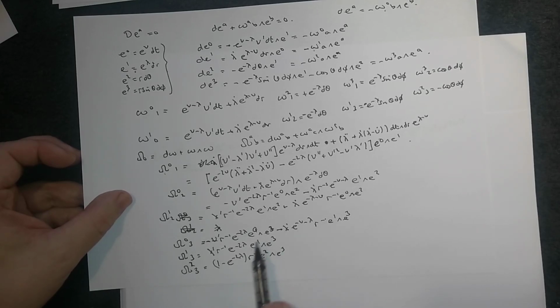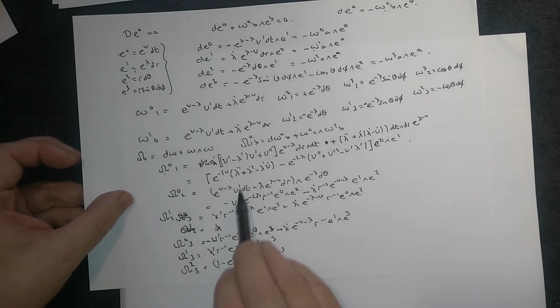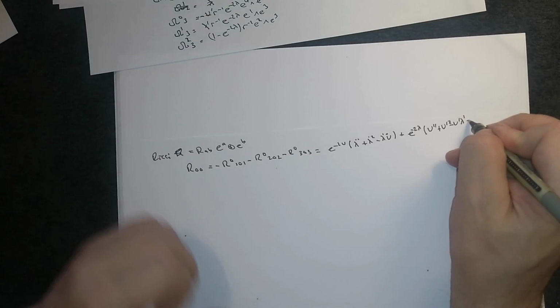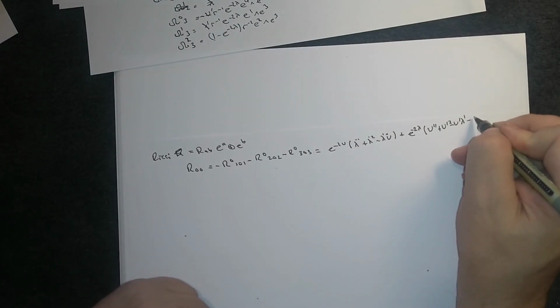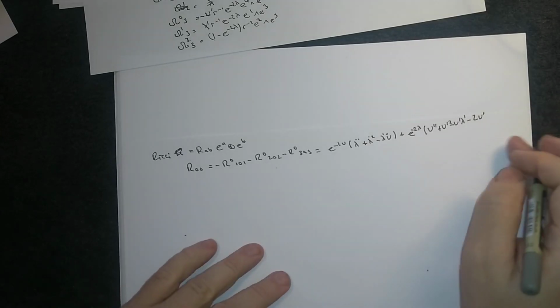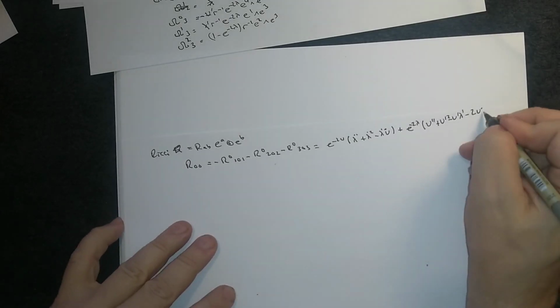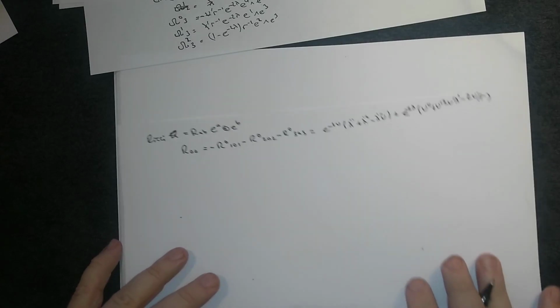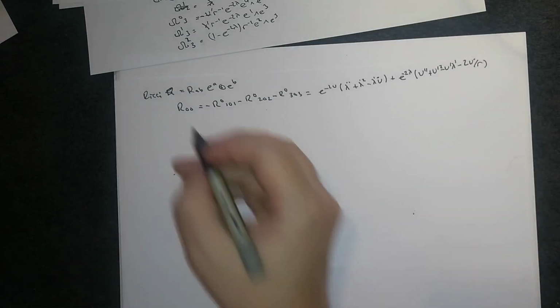That's 1, 3. Yeah. That's, I think, the same. That just gives me an extra 2 nu primed divided by r. That last term should be with a plus sign.